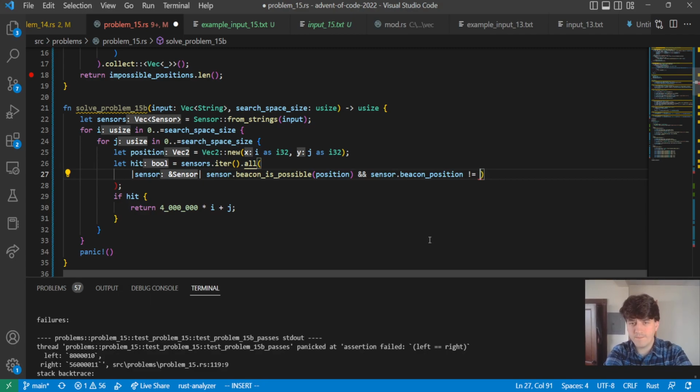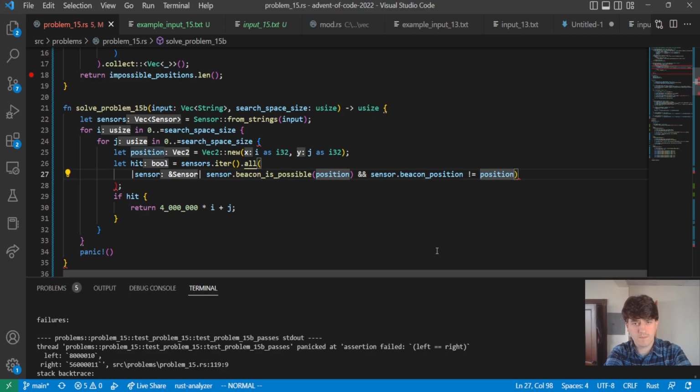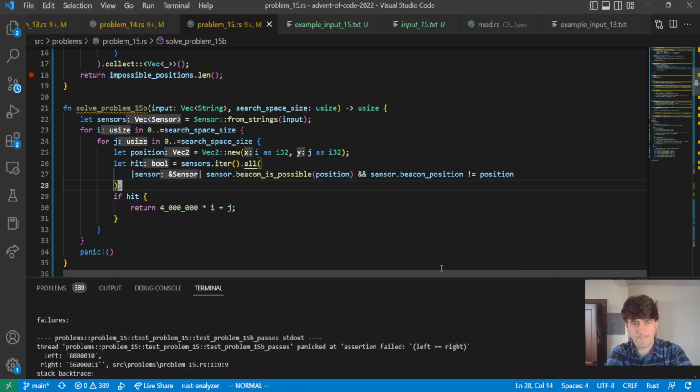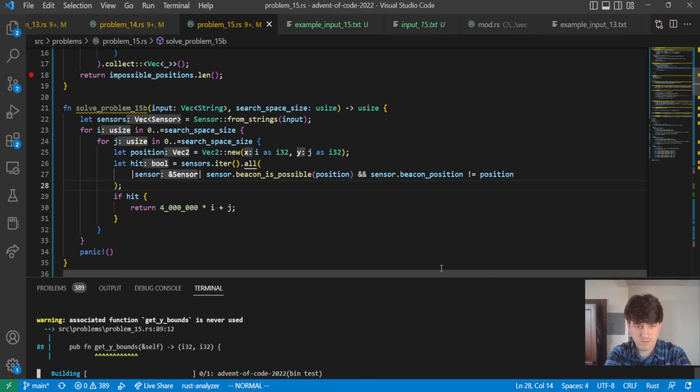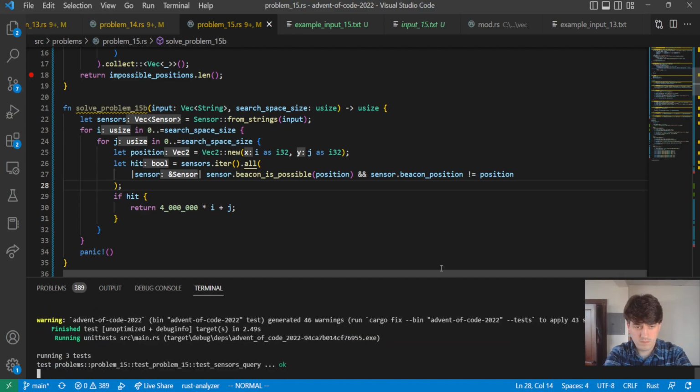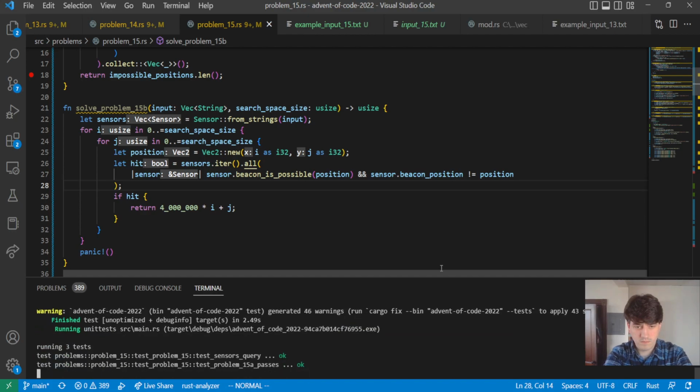And then it's not equal to position. A bit slow. Seems like it got past the test case.